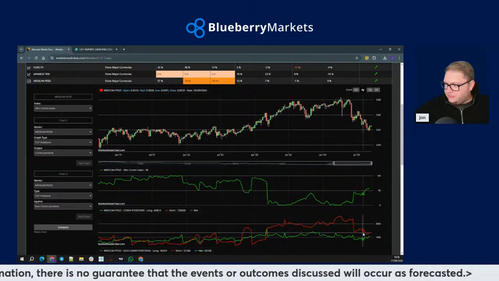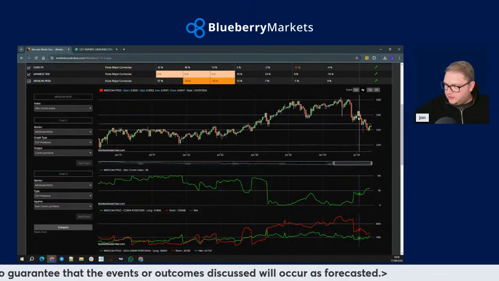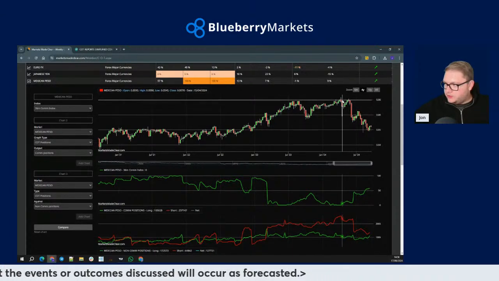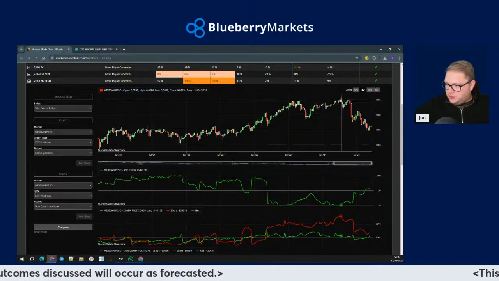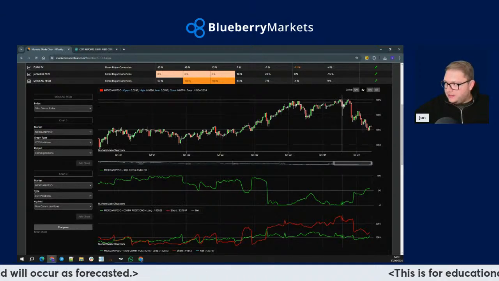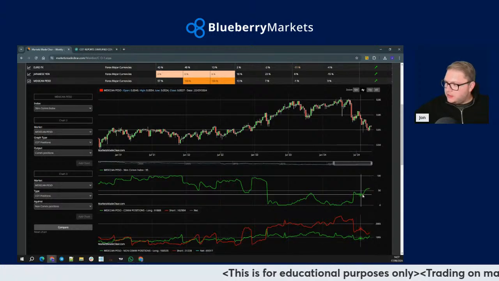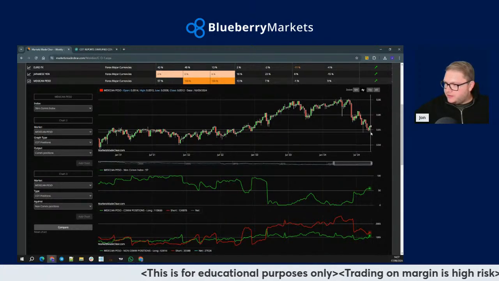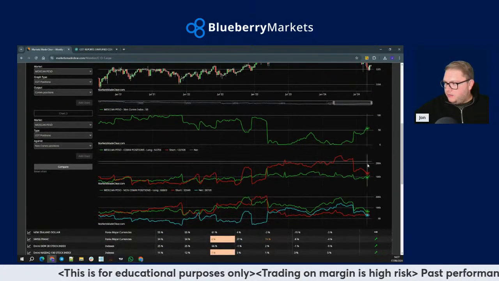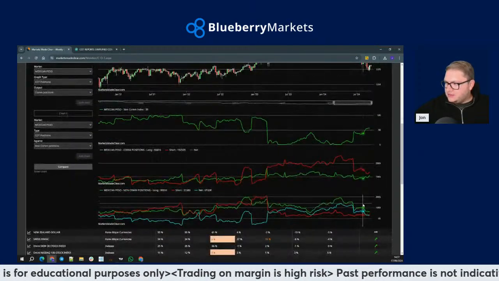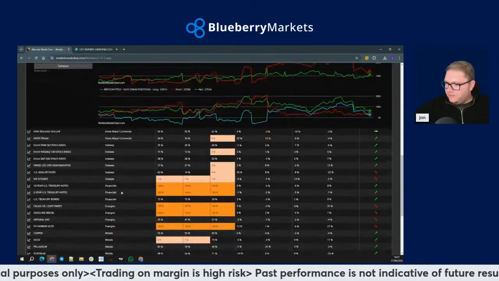Short contracts have fallen off a cliff at the moment, although shorts were at all-time highs back here, and we've seen that move down. So we're starting to see a little bit of a pickup. I like the idea of potentially buying the Mexican peso against the US dollar at the moment, which we'll have a little look at.